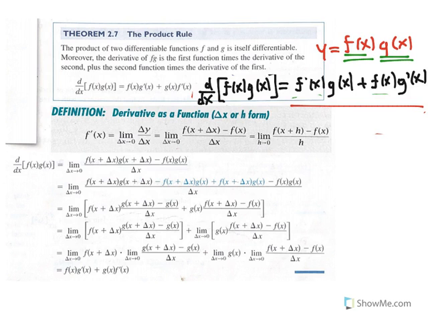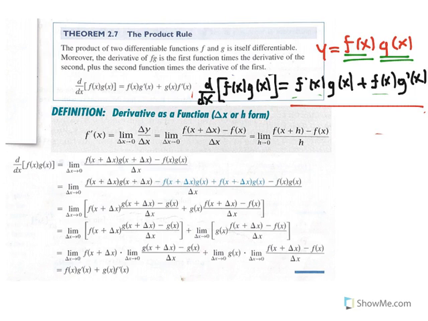What do we mean by the derivative of a function? We mean this limit of a difference quotient as delta x goes to 0. So when you want to prove the product rule, you have to begin with what a derivative is. This is what we mean by a derivative. So we will begin with that in the proof of the product rule.